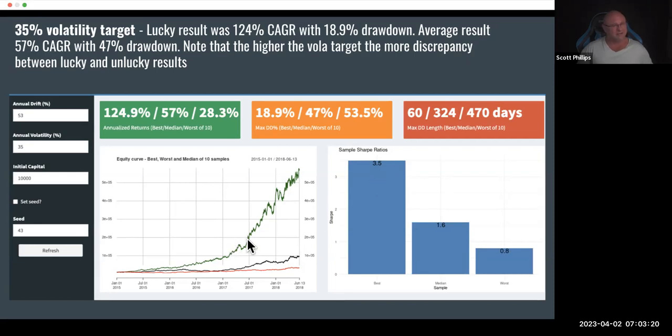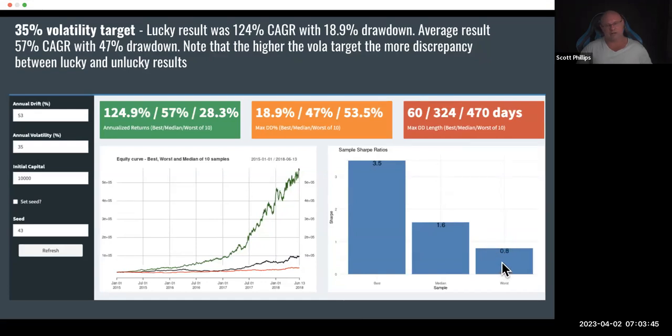But that's lucky. Your average result is a Sharpe of 1.6, amazing, 57% per year compounding, but you had a 47% drawdown that lasted 324 days. And your unlucky result, still pretty good, nearly 30% a year with a 53% drawdown that lasted 470 days and a 0.8 Sharpe ratio.